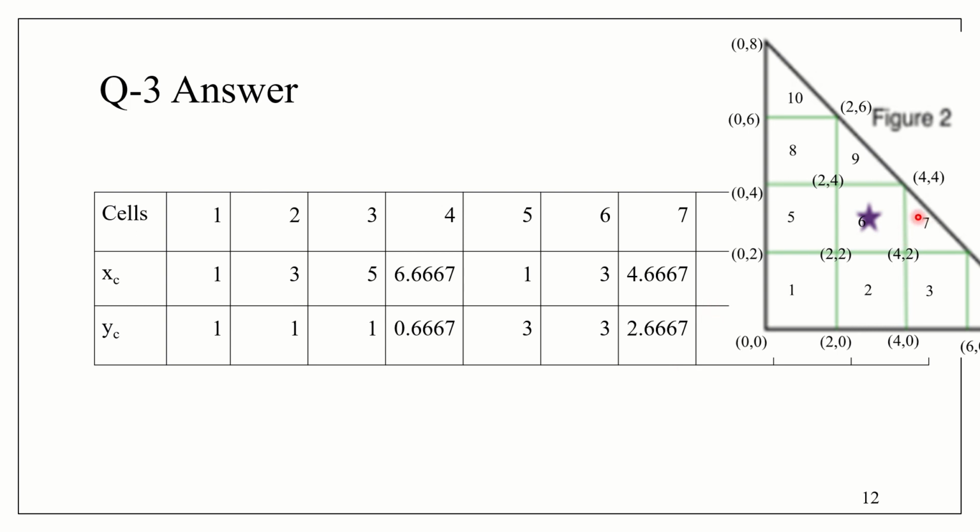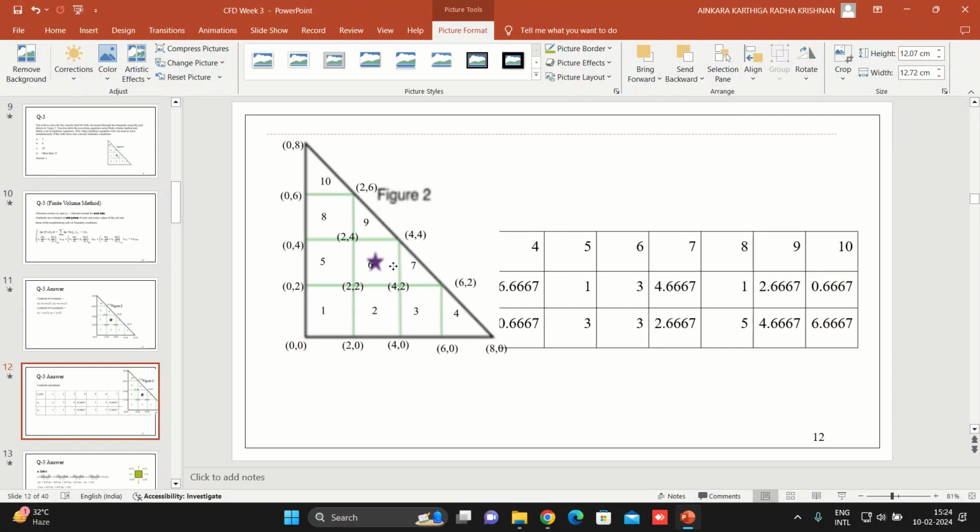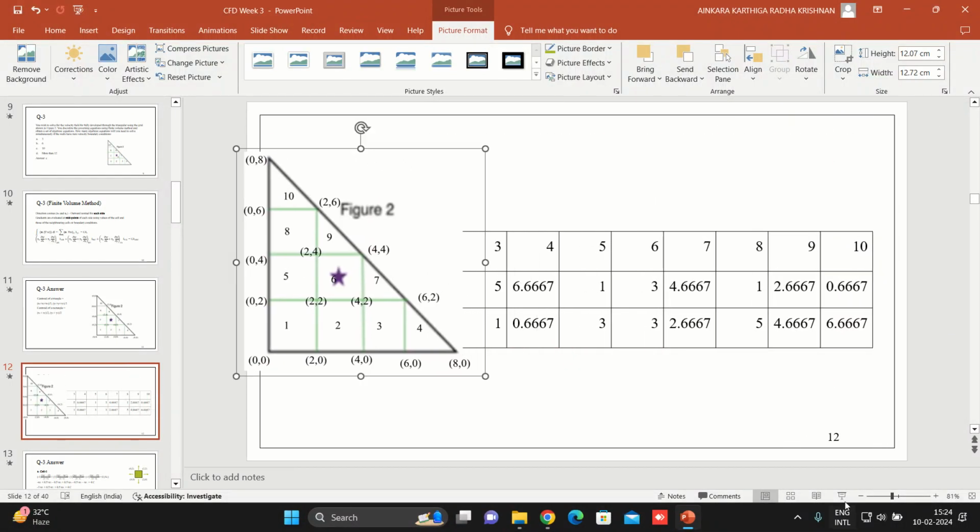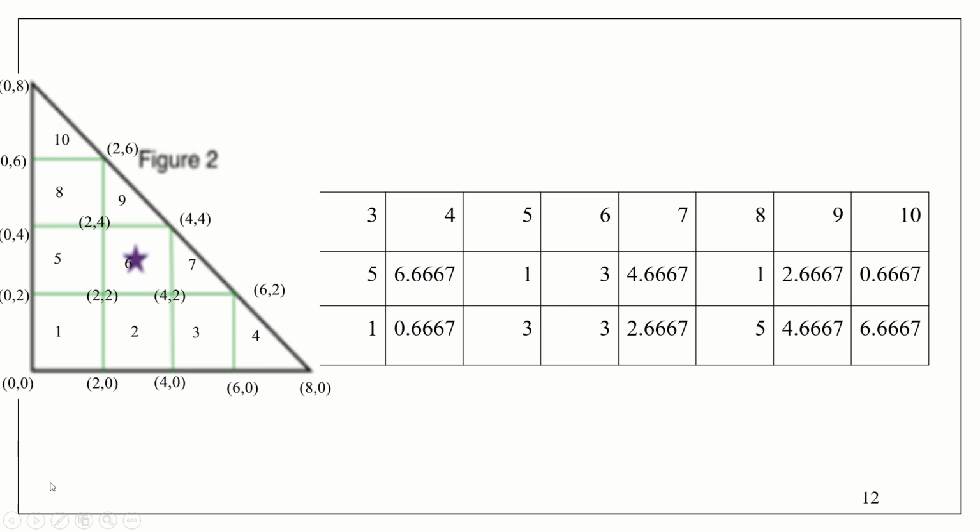Since we have now seen 3 cells, we will use this to look into the remaining cells. In the 4th cell, we have the coordinates 6, 8, 6, 0, 8, 0 and 6, 2 for that particular triangle. How are we going to find the centroid? We use 6 plus 8 plus 6 divided by 3, so 20 divided by 3 is 6.6667.